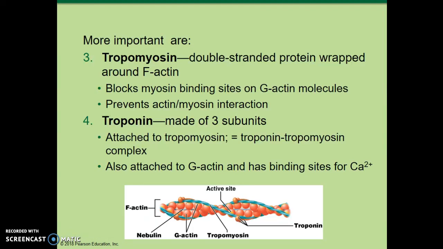And when the binding sites are blocked, the myosin cannot attach to the actin and pull it. One thing that is going to unblock the tropomyosin from the actin is troponin. And once calcium binds to troponin, it moves the tropomyosin out of the way.